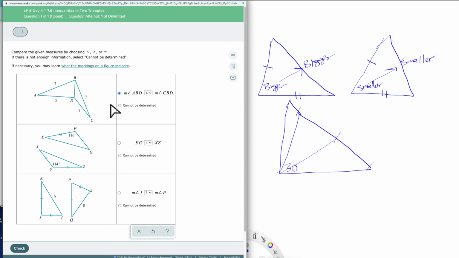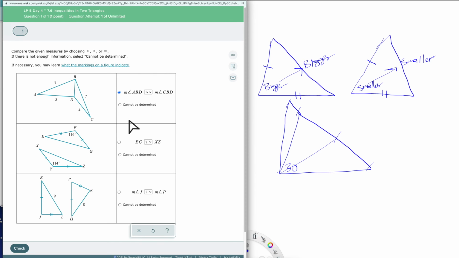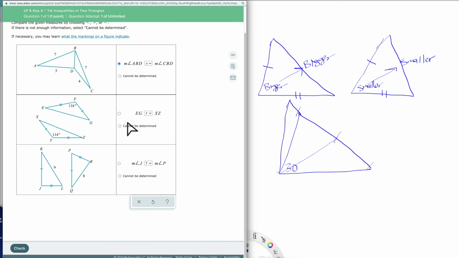Let's do this next one. We have EG and XZ. We have 116 and 114. So 116 is going to have a larger segment opposite than 114.